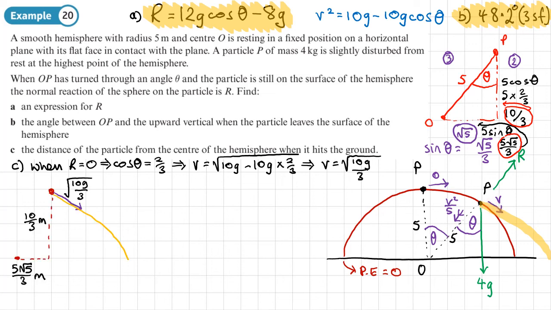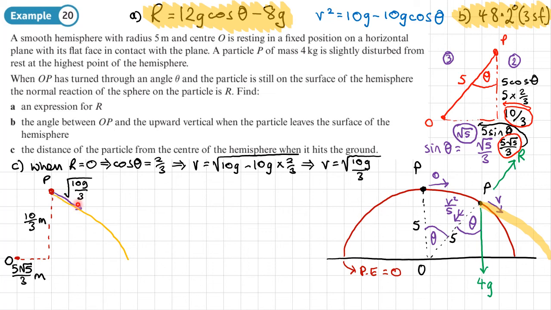So I've done a little sketch here because there's a lot going on, and this diagram represents what we've got so far. So down here we've got the center of the circle. This is when particle P becomes a projectile. So this is the horizontal and vertical distance from the center of the circle. This is the sort of path it's going to take, and here's the initial velocity.